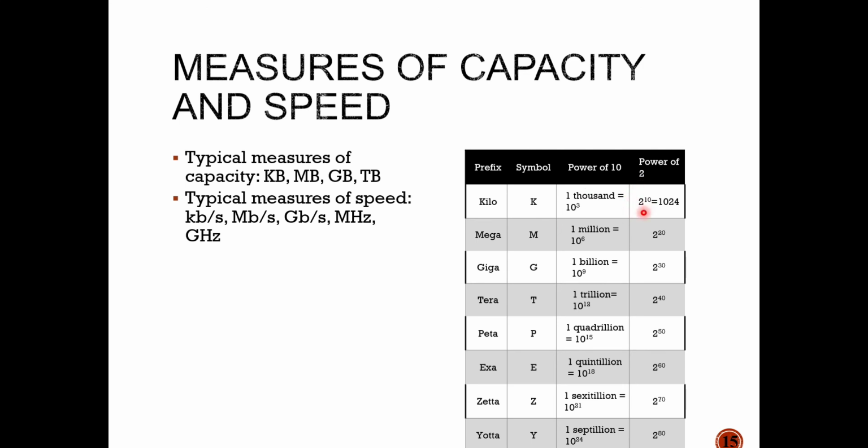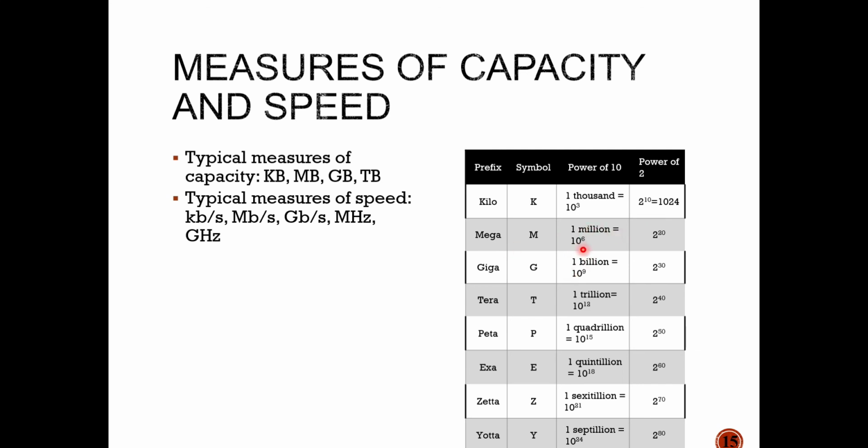And why are we talking about powers of 2? Because computers only deal with zeros and ones. There's only two options. So a kilobyte is 2 to the 10, or 1024 bytes.